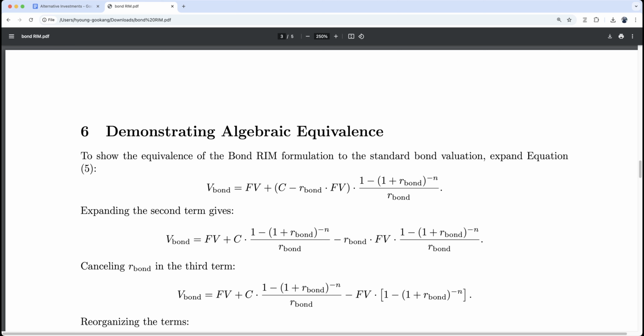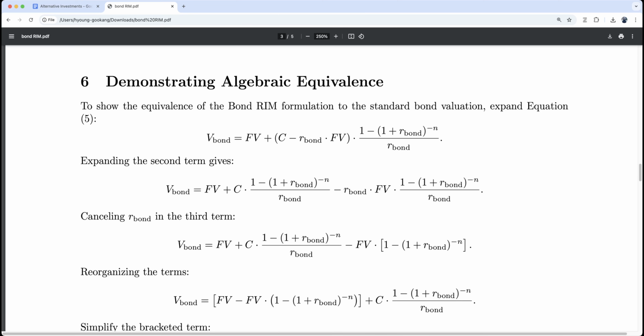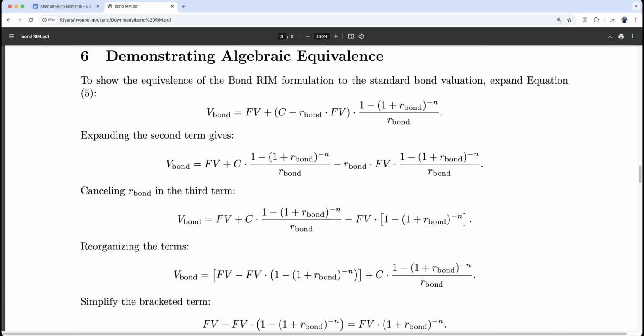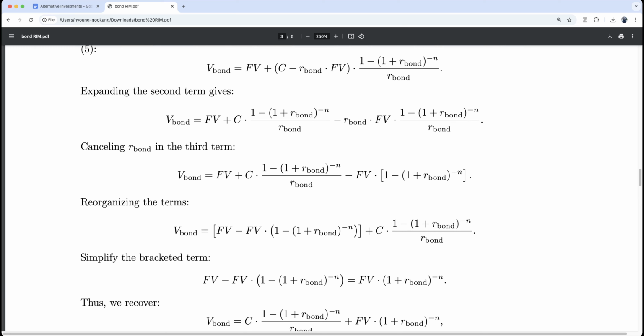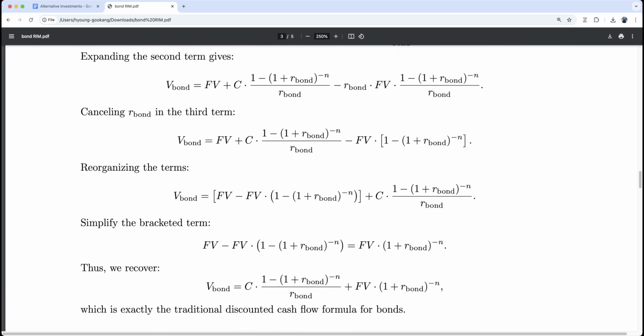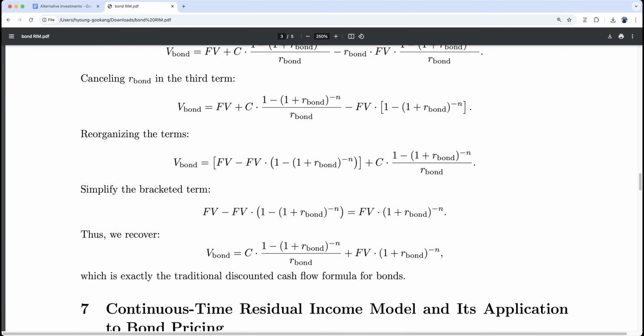Then we can cancel R bond in the third term. Then we have this equation. Then we can reorganize the terms, and simplify the brackets. Thus, we recover exactly the traditional discounted cash flow formula for bonds.